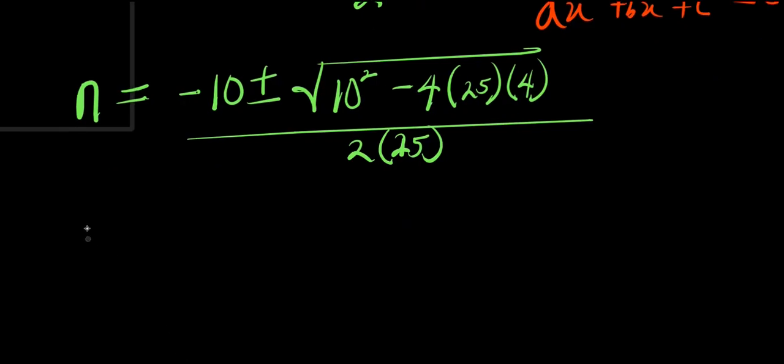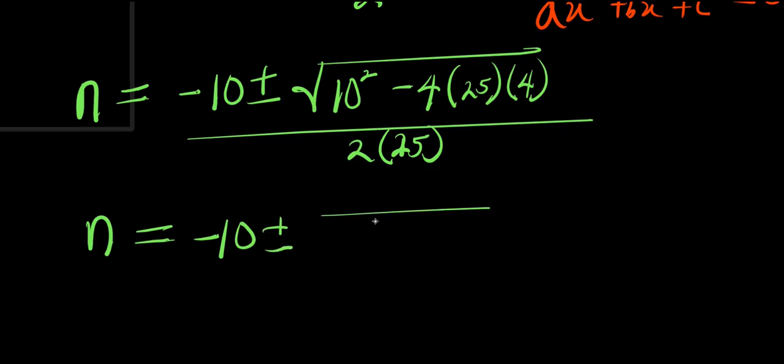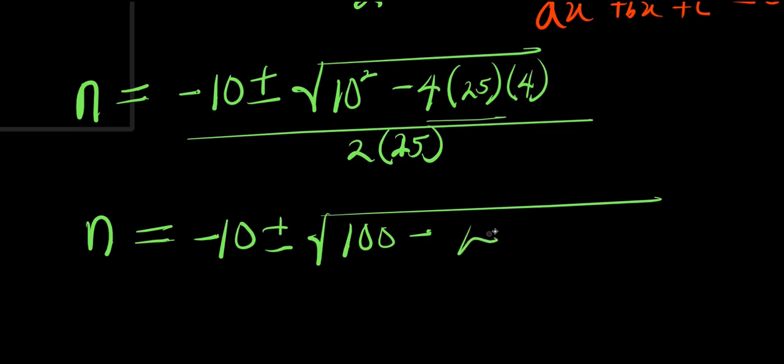So from here, it's negative 10 plus or minus square root of 100 minus 400, divided by 50.